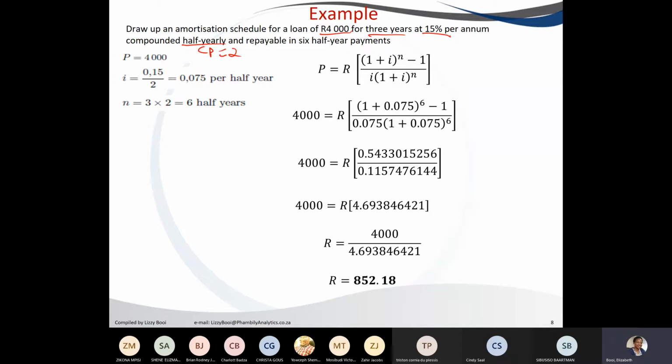Those who are using the financial calculator, we also state what we are given. Our present value, 4,000. Our interest, 15. Our period, which is 3.